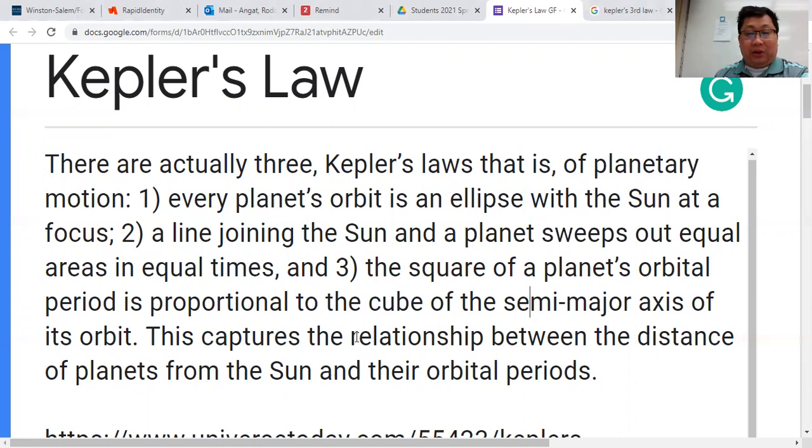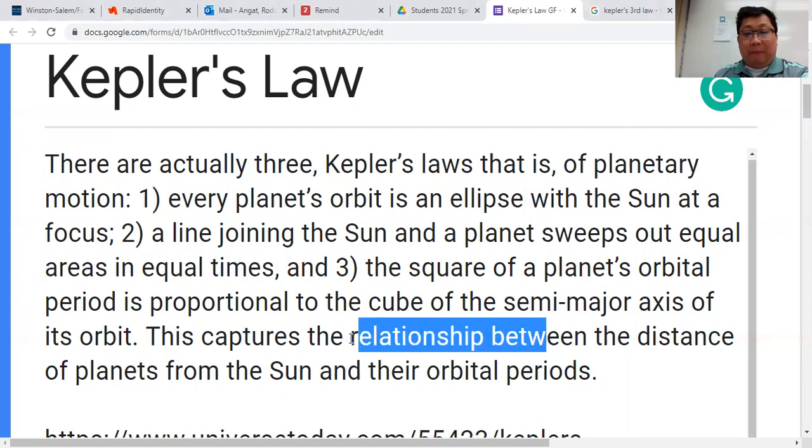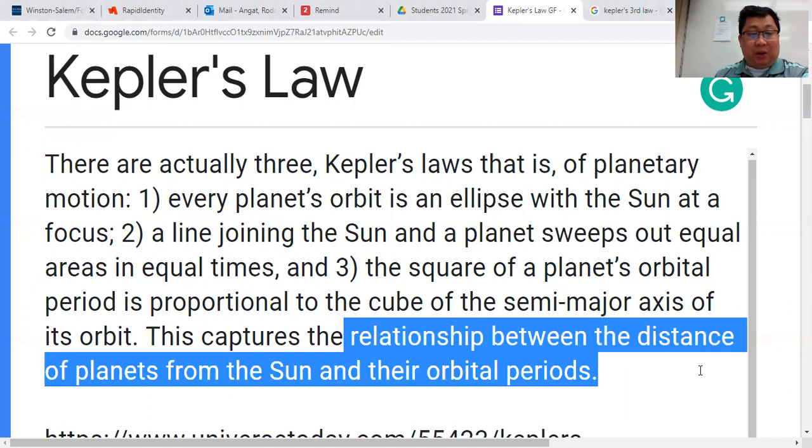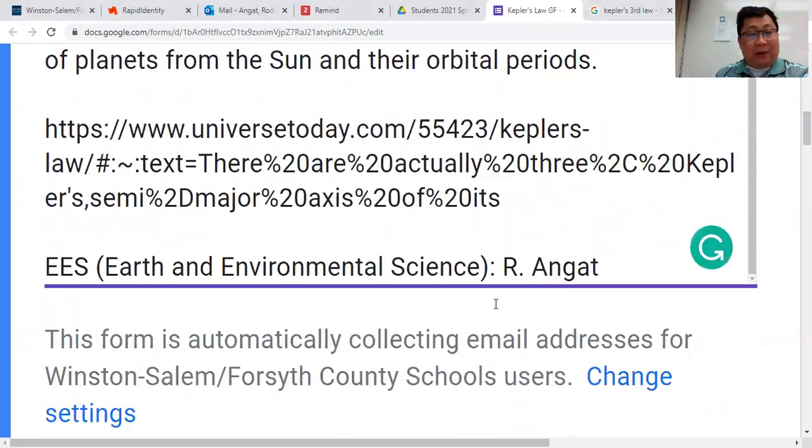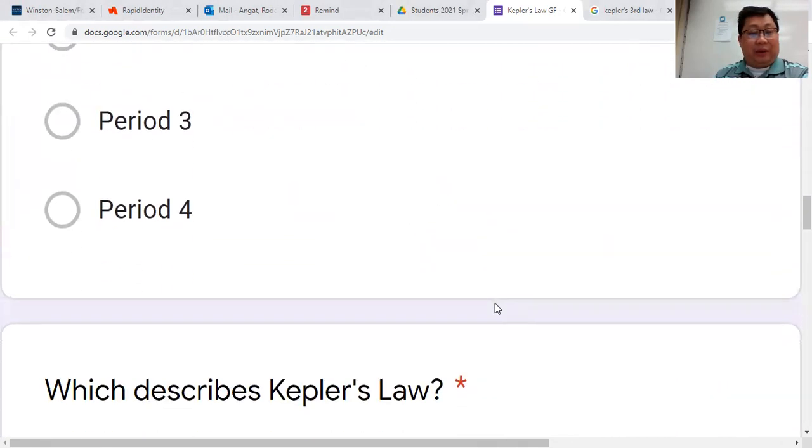The third law shows the relationship between the distance of planets from the sun and their orbital periods. Orbital period simply tells us how fast the planet is when it orbits around the barycenter of the solar system, or around the sun. Now, let's look at the pictures.